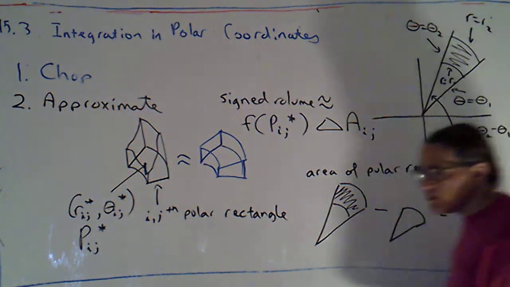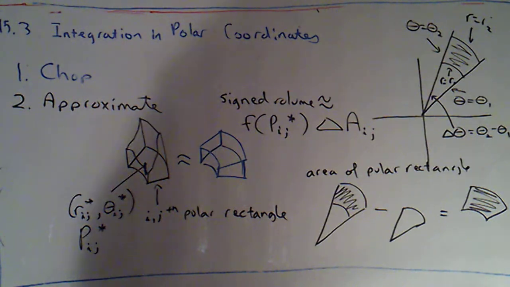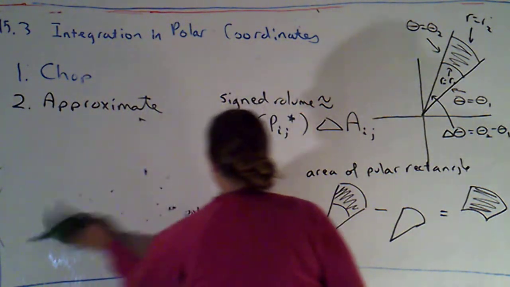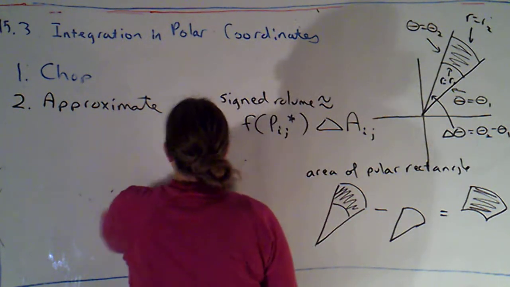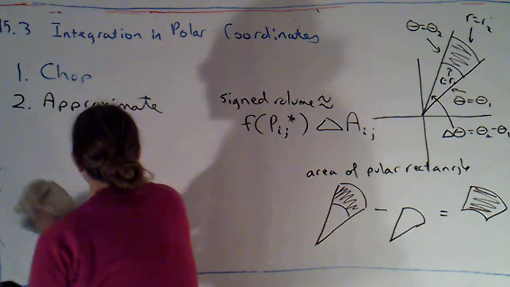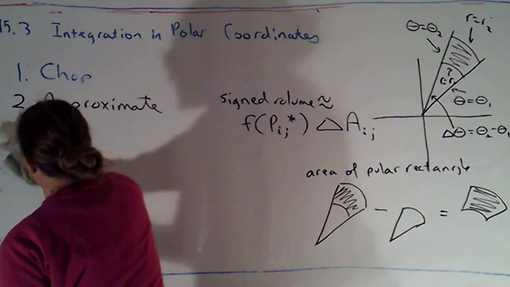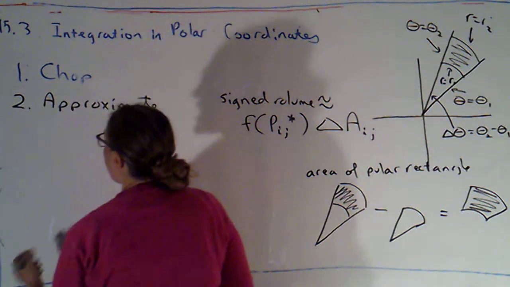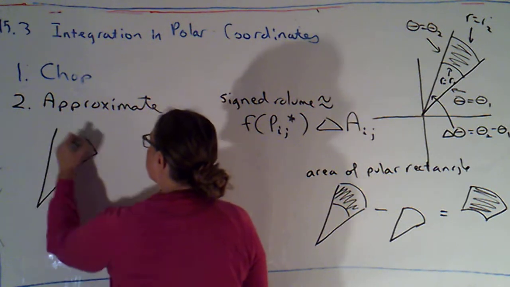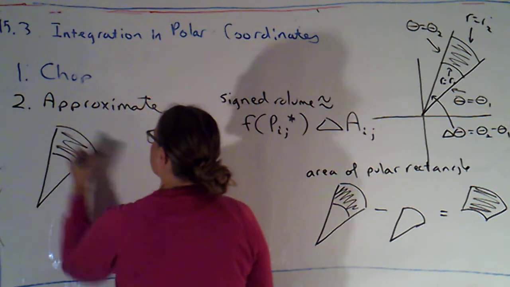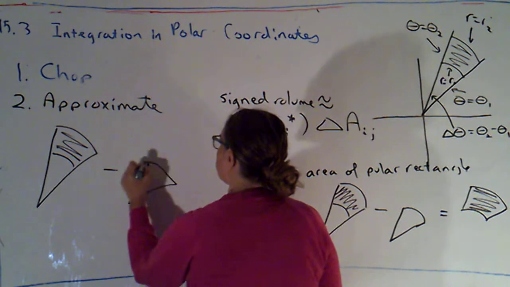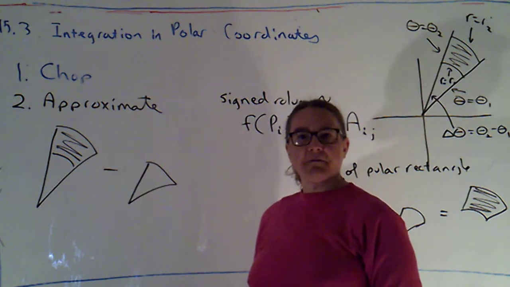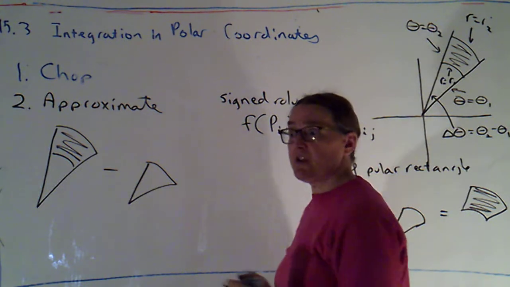Okay. That should give us enough information to be able to calculate the area of a polar rectangle. So if I'm looking at the big slice of pizza minus the little slice of pizza, okay, if you don't remember the formula for the area of a sector, that's okay, we're just going to figure it out.